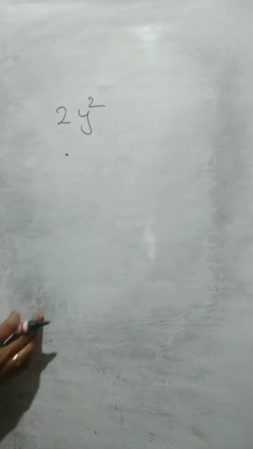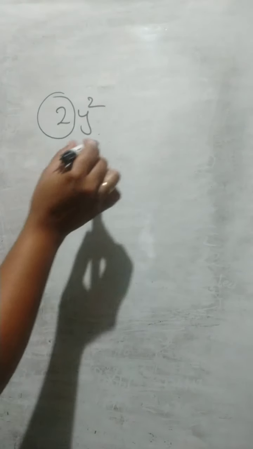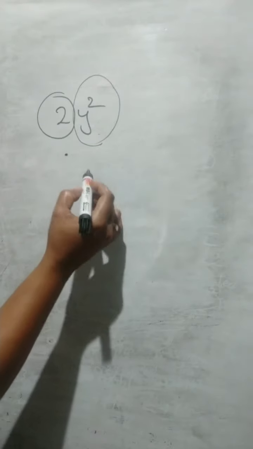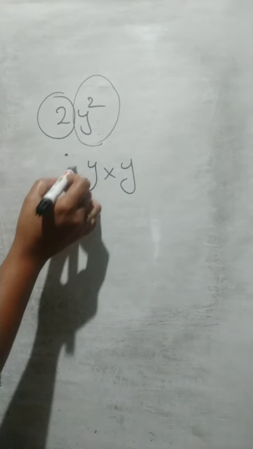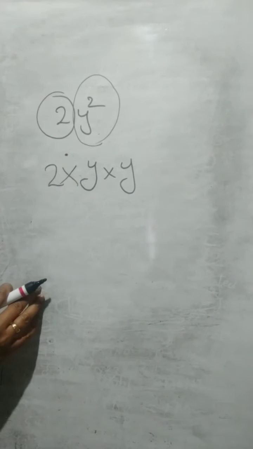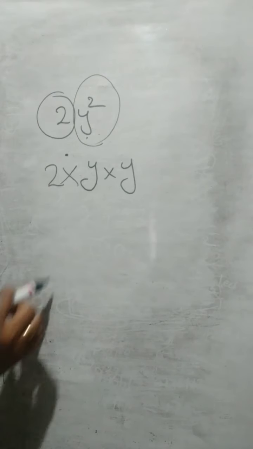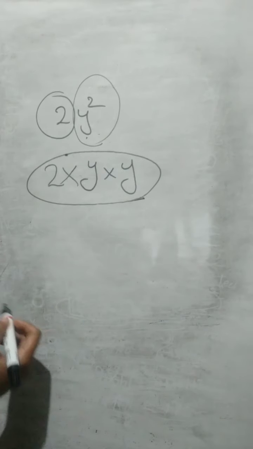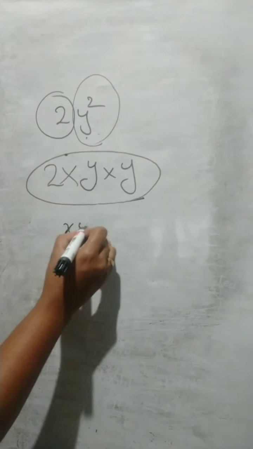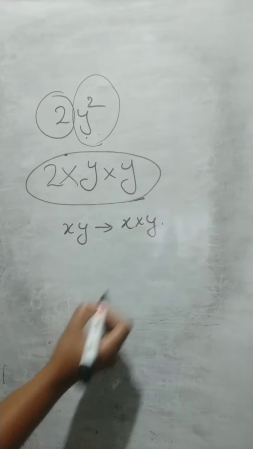Here, 2y square. What is its meaning? 2 multiplied by a square number. Here y is the number. Y multiplied 2 times, and find the double of that. That is 2y square. These are the factors of 2y square. Then xy means x times y.